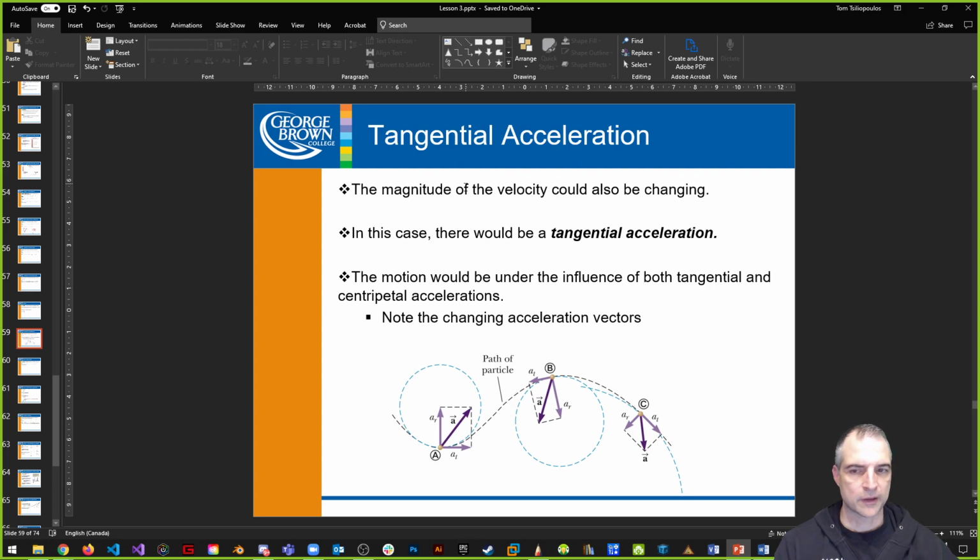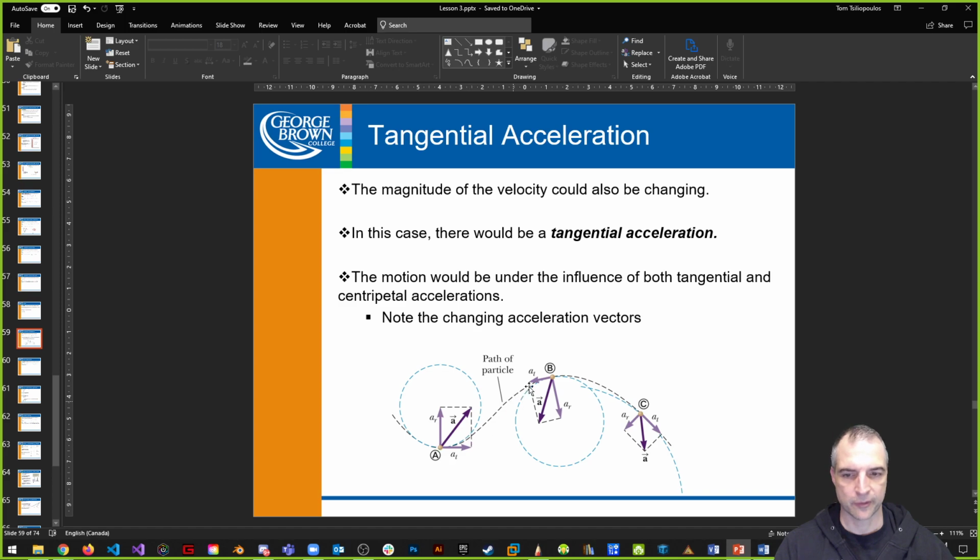We also have something called tangential acceleration. Say that 10 times fast. Tangential acceleration. In this case, the magnitude of the velocity would also be changing. The velocity is at a tangent to the circular motion.